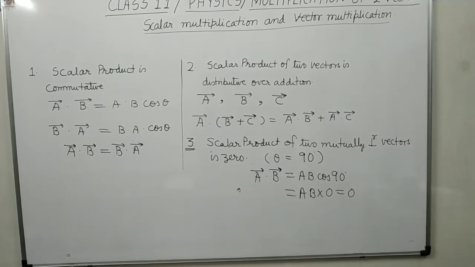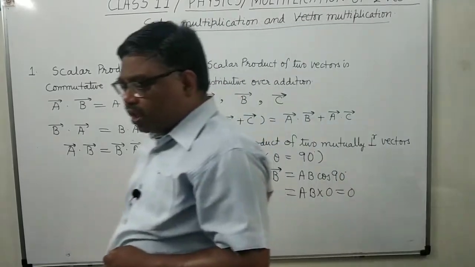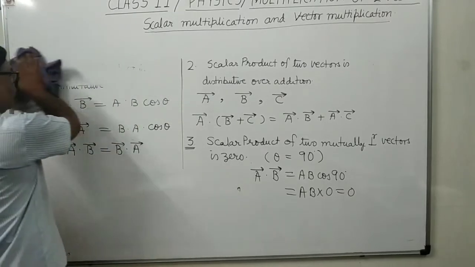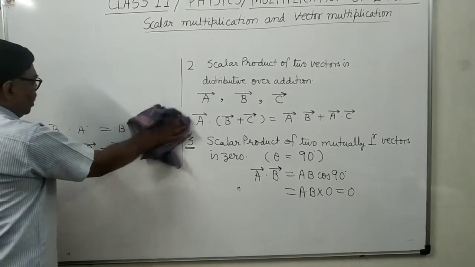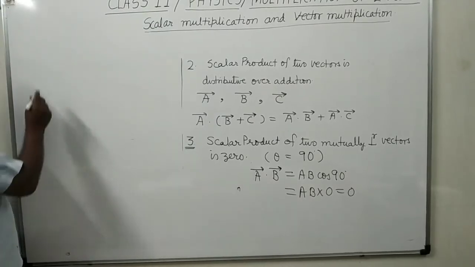Now see here, you have studied about the orthogonal unit vectors. In the previous lecture I have not told about the orthogonal. Orthogonal means which are mutually perpendicular to each other.